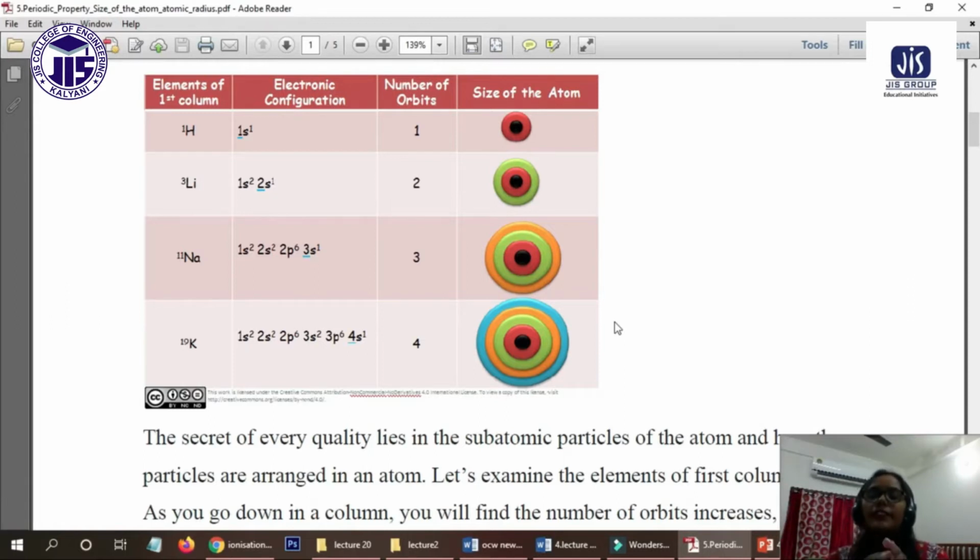So the expansion of the size will take place. Down the group, the size will increase, and along the period, towards the right side, the size will decrease. Is this clear to all?